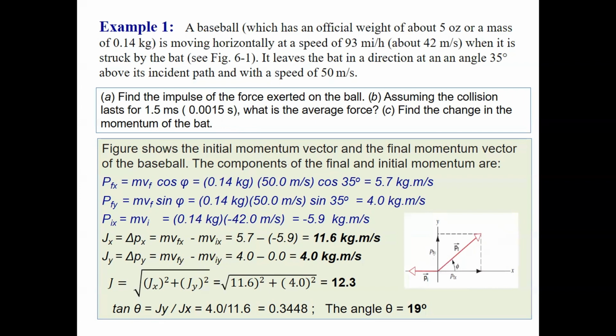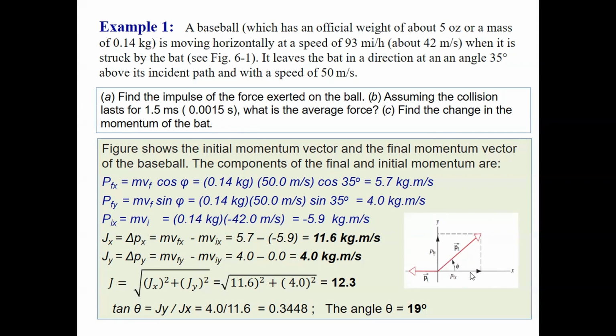So Pf can be decomposed into two components, one parallel to the x-axis, the other perpendicular to the x-axis. The parallel to x-axis will have Pf cos phi, and perpendicular will have Pf sine phi.